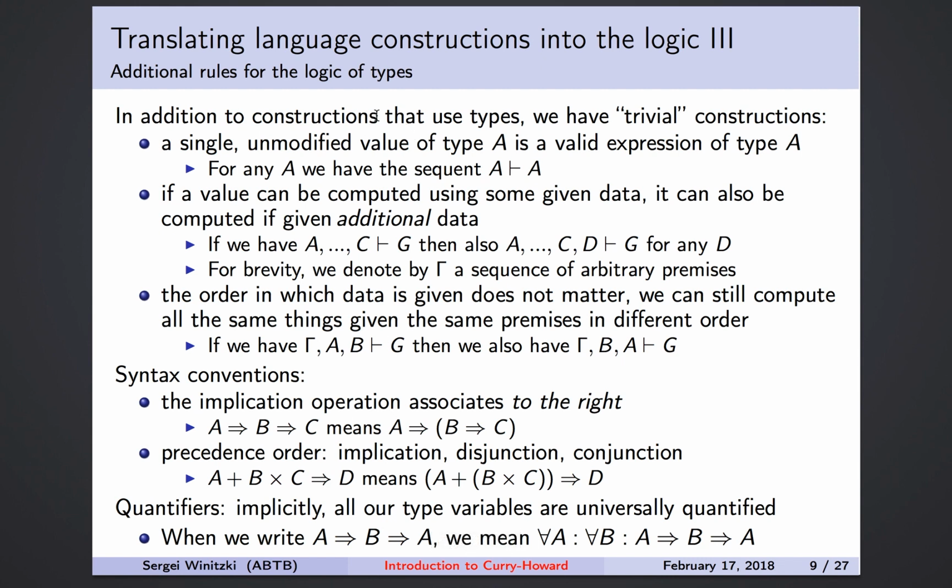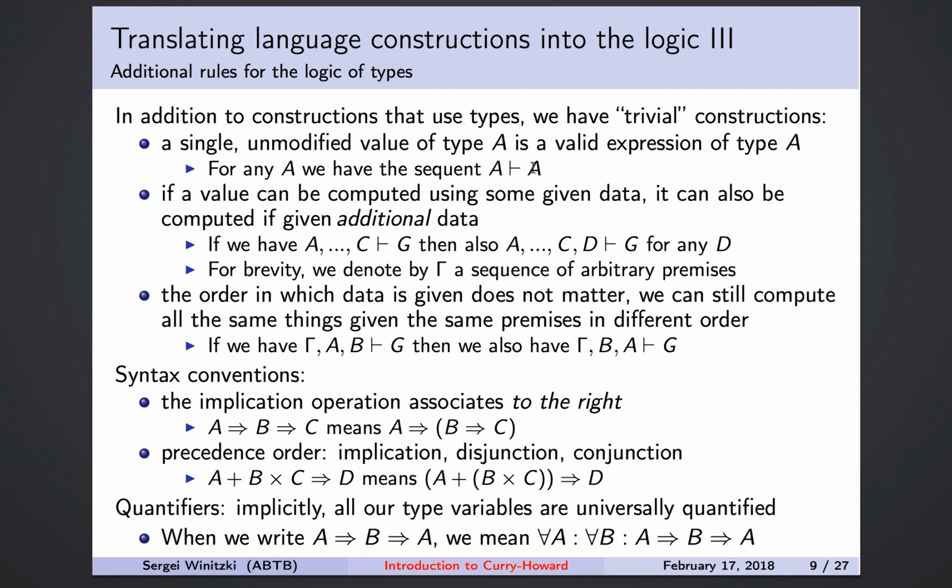So what are these additional constructions? Well, one trivial construction is that if you have a value of type A, let's say x of type A, then you can just write x, and that's a valid expression. And that expression obviously has the same type A. So that is represented by this sequent.